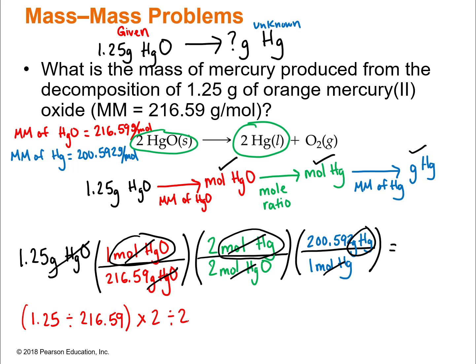But for completion's sake, we're going to go through and say each part, even if it feels a little bit silly, because it won't always be 2 to 2 or 1 to 1. So make sure you pay attention to that mole ratio. Then we multiply by the molar mass of mercury.